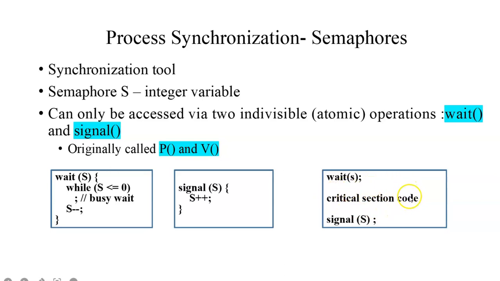That is, it will be allowed to access that shared data, right? If some process is accessing the shared data, then wait will make the process wait in this while loop. Once the process is done with its critical section, it has to call signal. So wait is used in the entry section, and signal is used in the exit section.